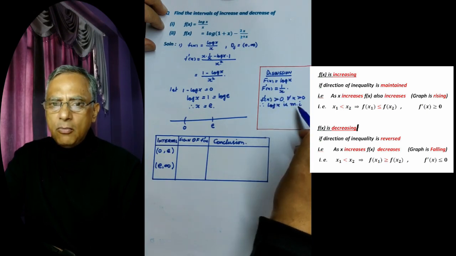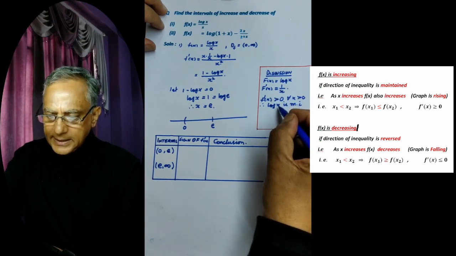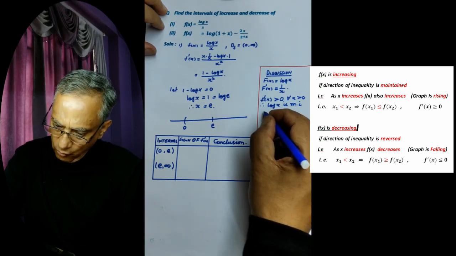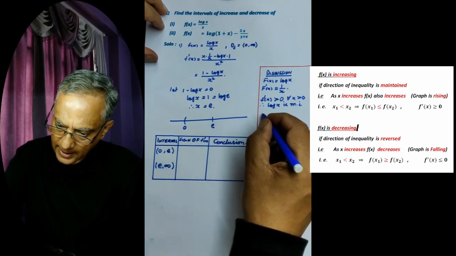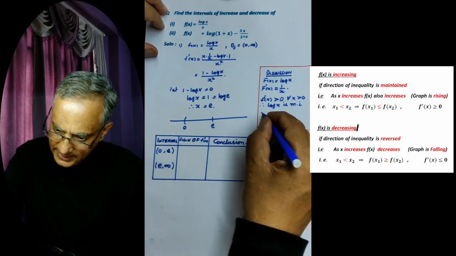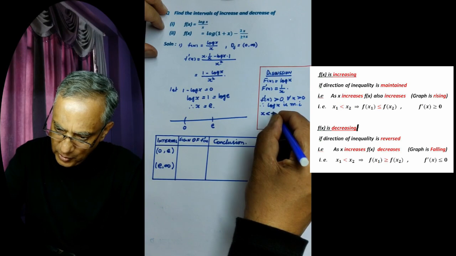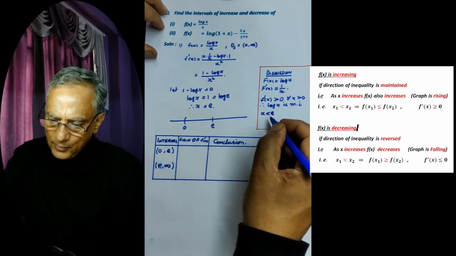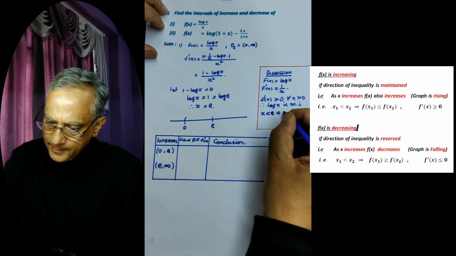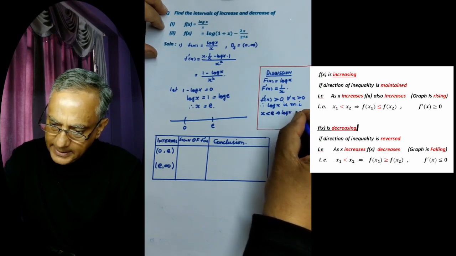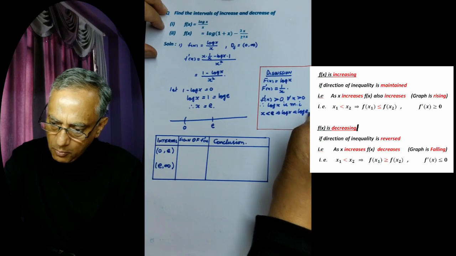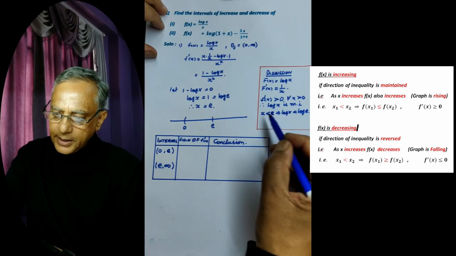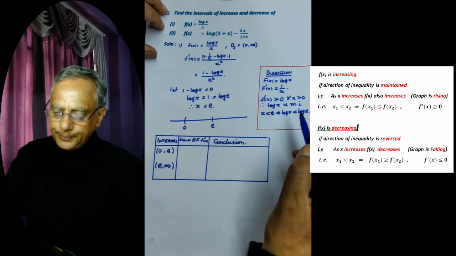Therefore, for this interval 0 to e, that is x less than e, this will imply log x is less than log e. For monotonically increasing functions, as x increases, log x also increases. That is, the trend is maintained.